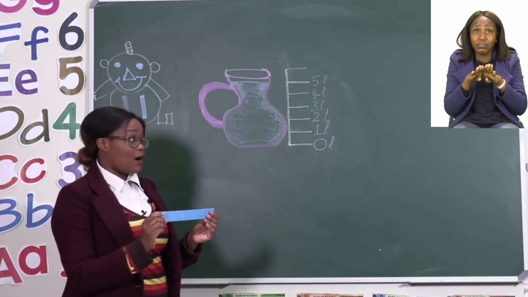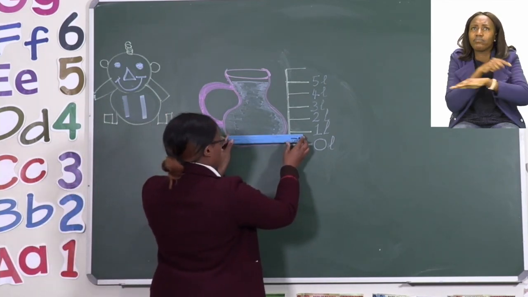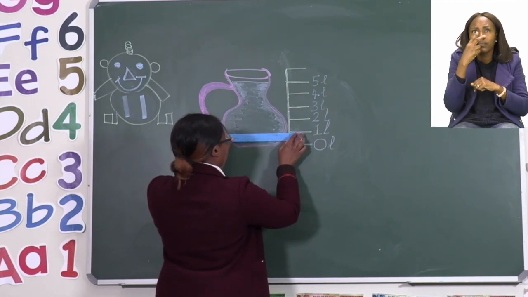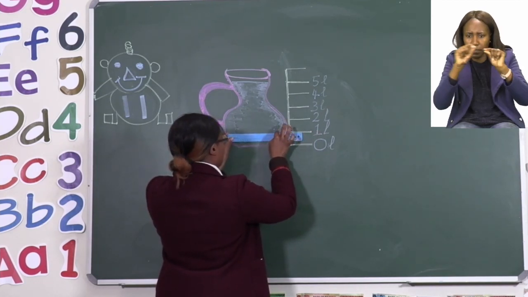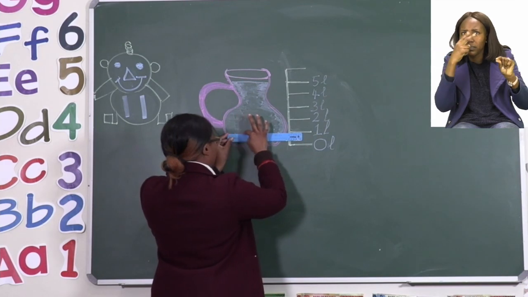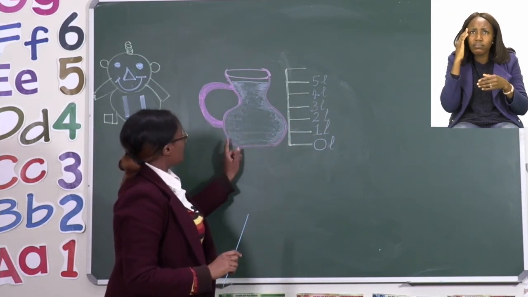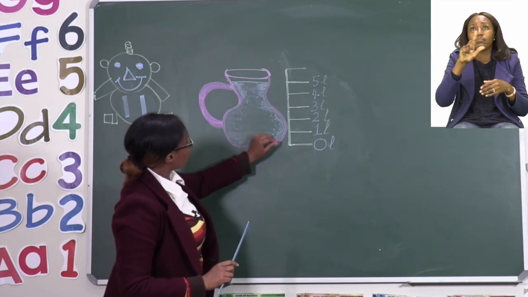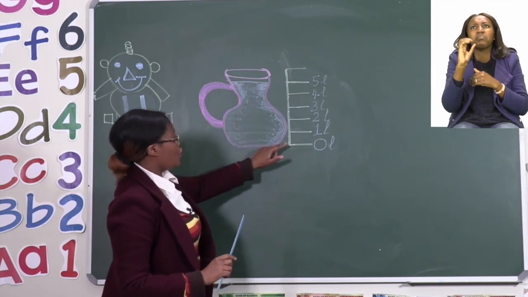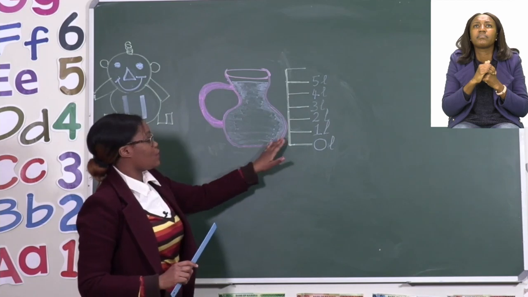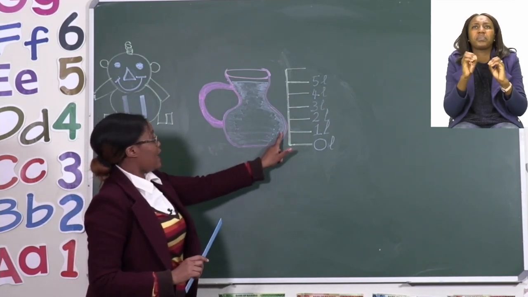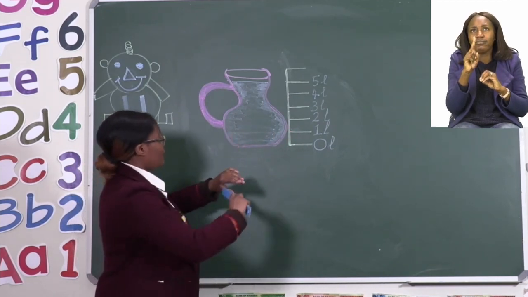This is why we need our ruler. If I'm looking for 1 liter, I put it where the 1-liter mark is and I check with my eyes. This way, I know that 1 liter is just close to 0 liters. So if there's nothing inside, it's 0 liters. Then from here, we have 1 liter.